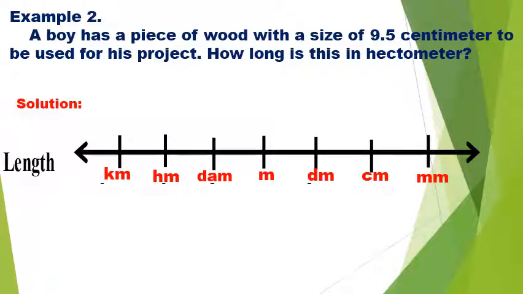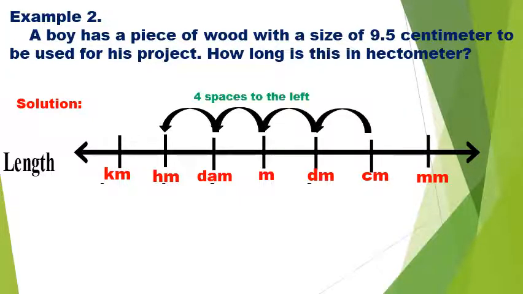So in using our metric converter, let us first identify the distance from centimeter going to hectometer. So we have 1, 2, 3, and 4. So there are 4 spaces going to the left.